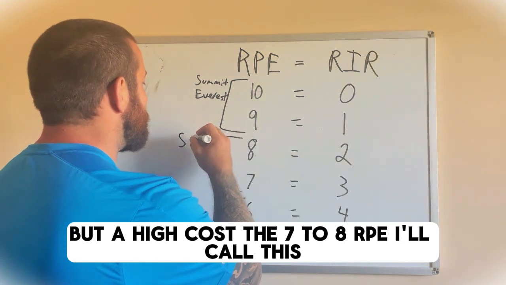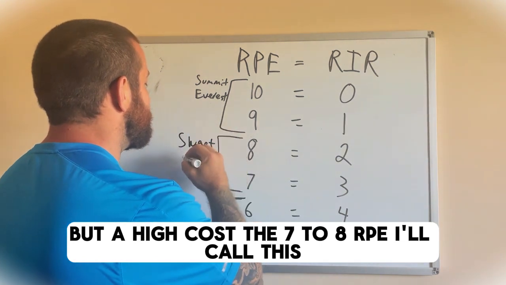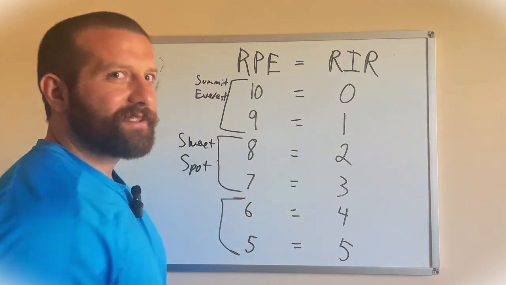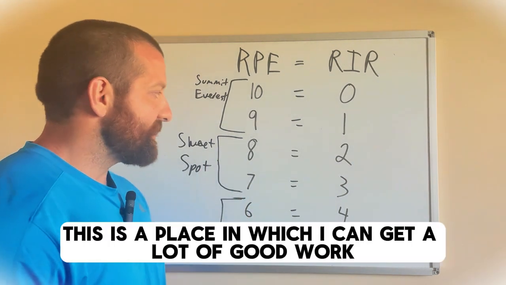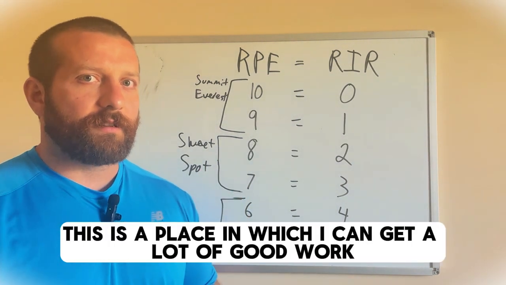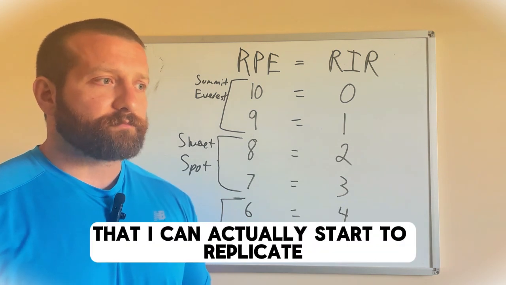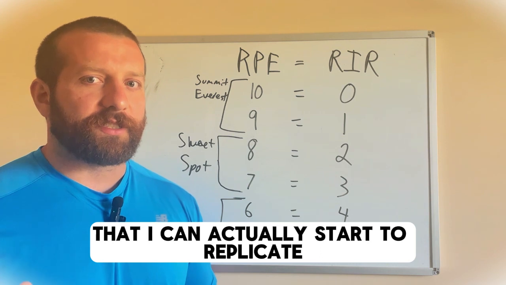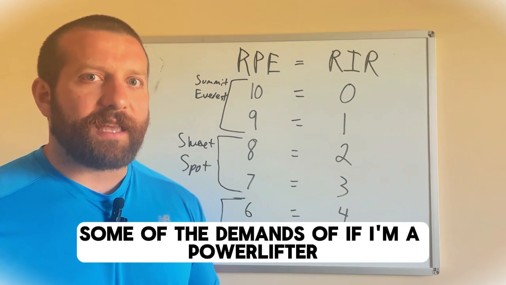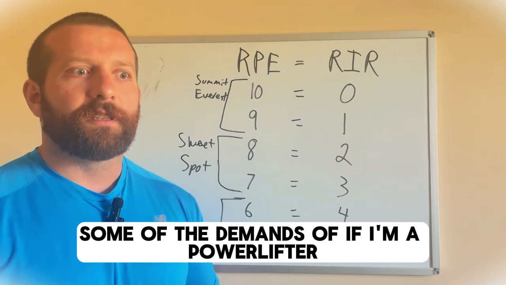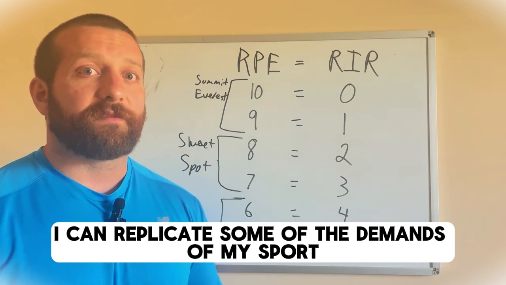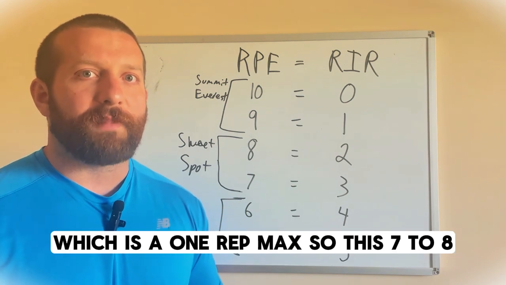The 7 to 8 RPE, I would call this the sweet spot. This is a place in which I can get a lot of good work, and it's intense enough that I can actually start to replicate some of the demands of my sport, if I'm a power lifter, which is a 1 rep max.